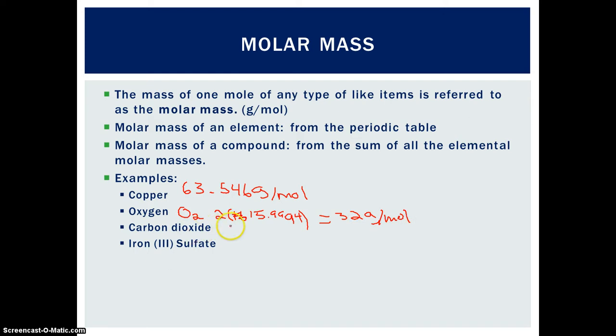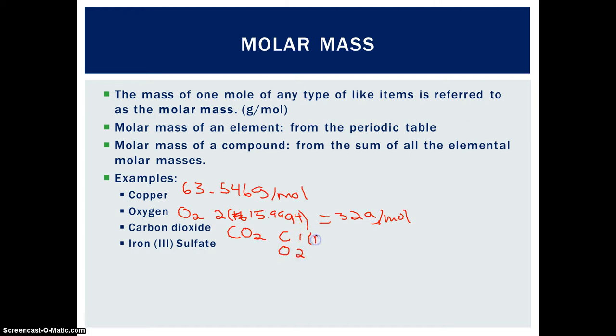Now carbon dioxide, we got to write the formula. And now we can see that formula writing is still very important, because if we don't have the right formula, we can't combine the masses in the right way, and we won't end up with the correct molar mass. So let's do carbon dioxide. We're adding up for each of the elements. I have 1 carbon and I have 2 oxygen.